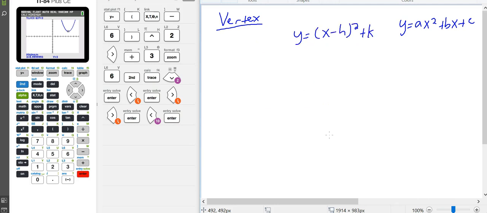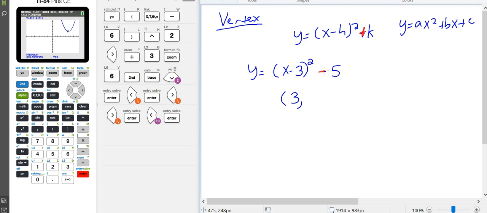Let's say we have an equation y is equal to (x minus 3) squared minus 5. The vertex of this parabola is h comma k. So h in this situation would be 3. And k, normally k has a plus sign before it. But in this equation, k has a negative sign.